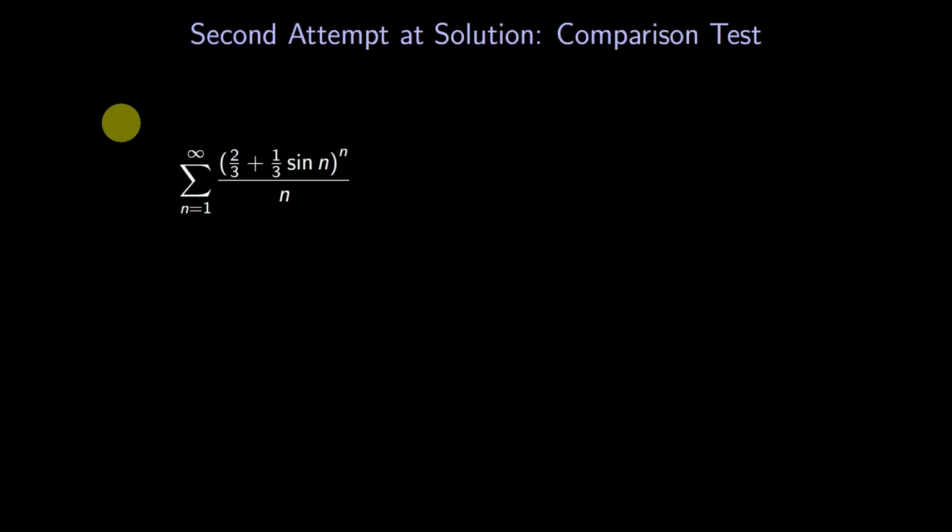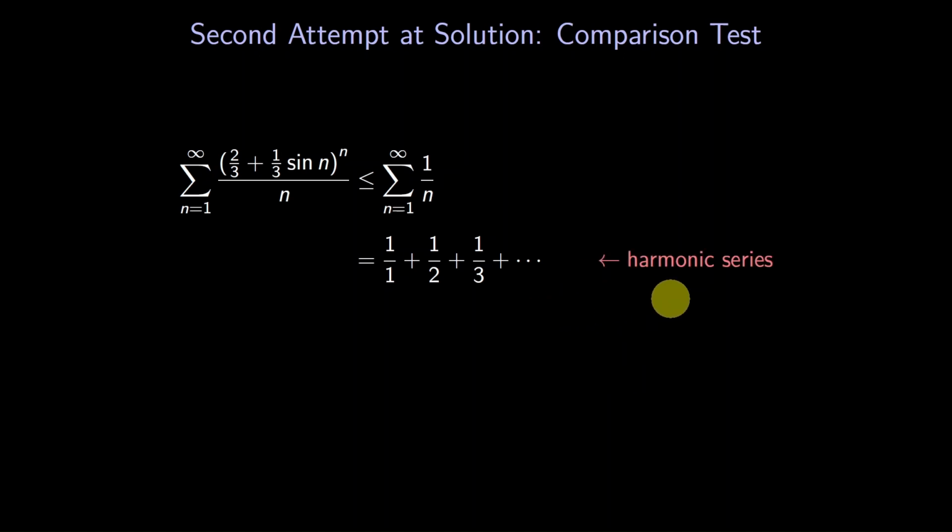Let's find out. Here is our infinite series again. We know that the numerator is at most 1. We get a new infinite series. Have you seen that series before? Let's expand it out. 1 plus a half plus a third, and so on. Do you remember the name of that series? It's the harmonic series.